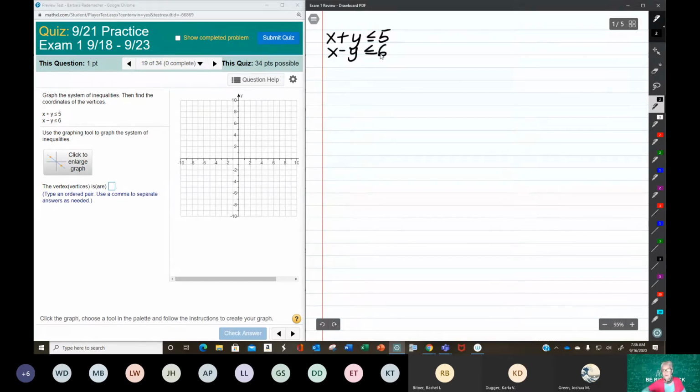Okay, and so you've gone through and you've graphed them, you've found the shadings, you've put it in MyMathLab, and now it asks you to find the vertex or the vertices.